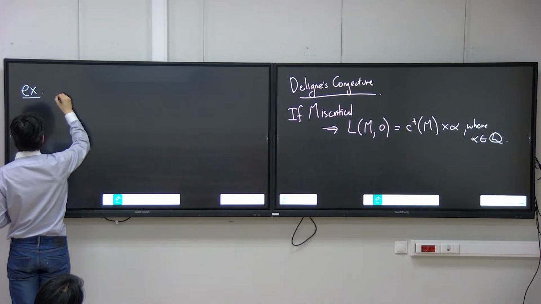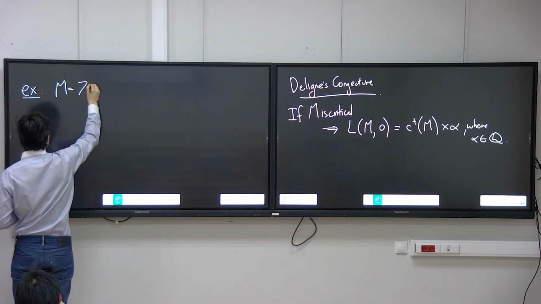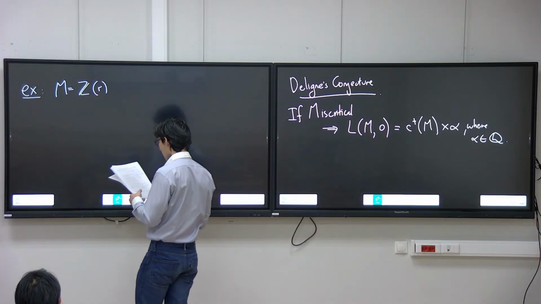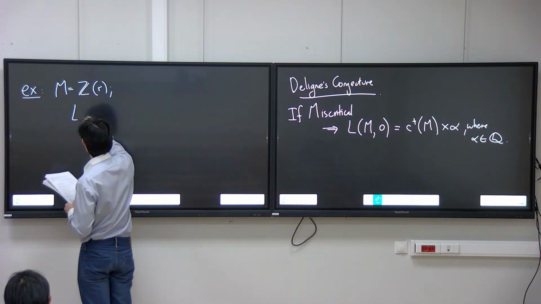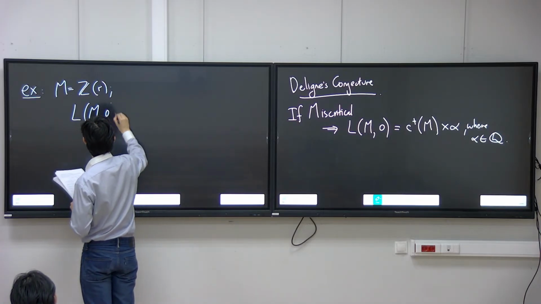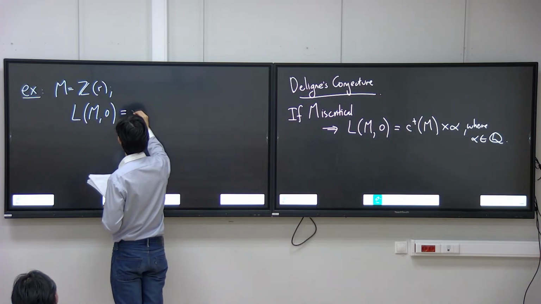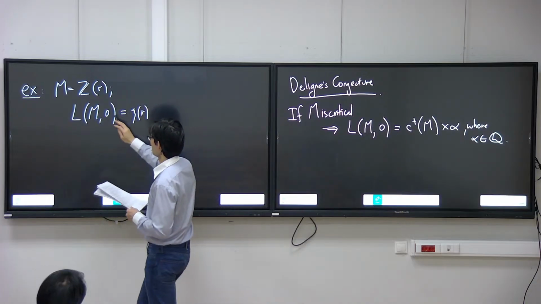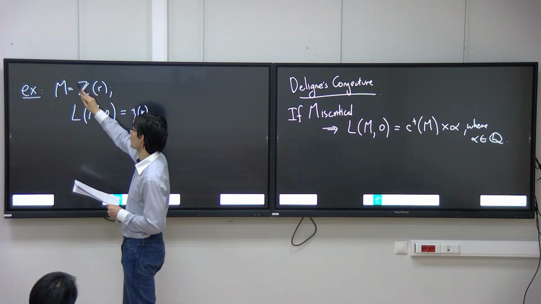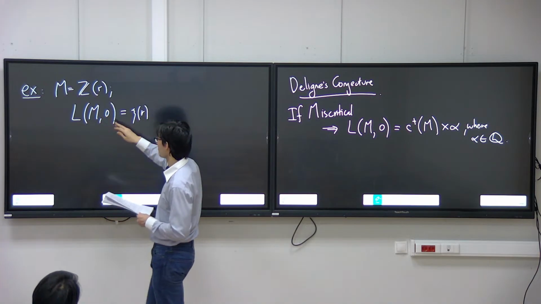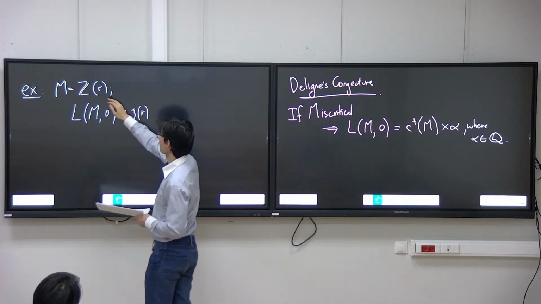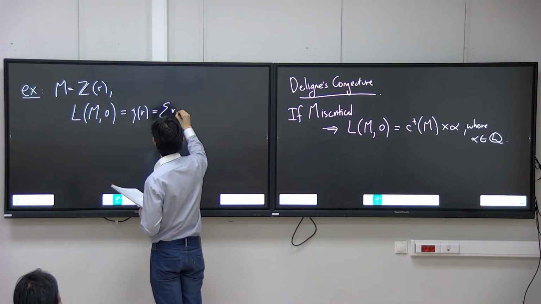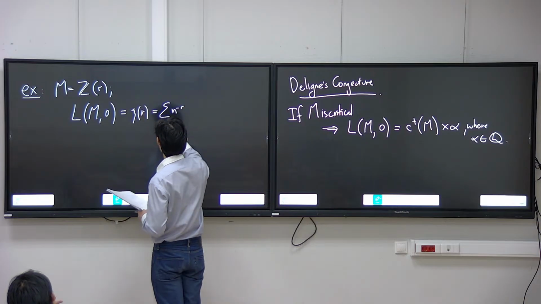For example, let's take M to be the trivial motive twisted by some integer R. Then in this case, one can compute that L of M at 0 is equal to the zeta function evaluated at R. The L function attached to the trivial motive is just the zeta function, but twisted by R it is the zeta function evaluated at R. So this is equal to a sum of reciprocals, for R big enough.